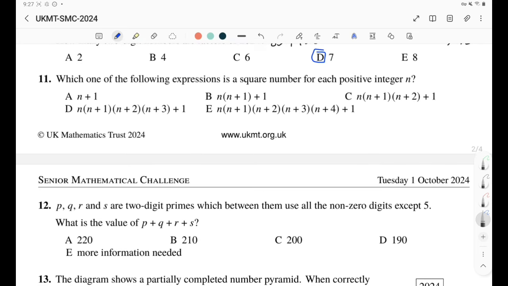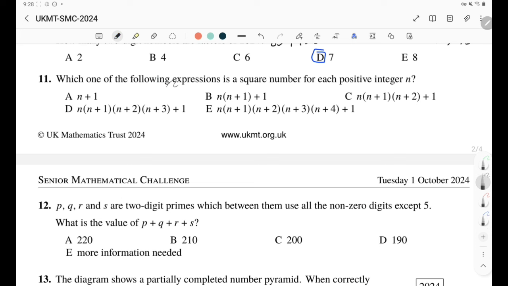Okay, question 11. Which of the following is a square number for any positive integer n? They're giving us some expressions: n plus 1, n times n plus 1, n times n plus 1 times n plus 2 plus 1, and D and E as well. How can we do this question?